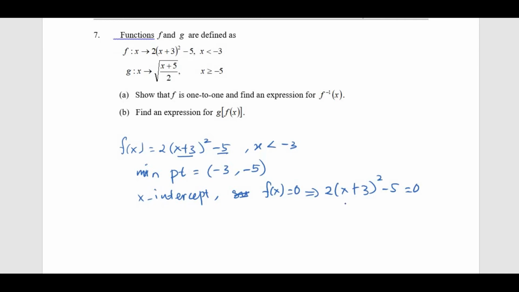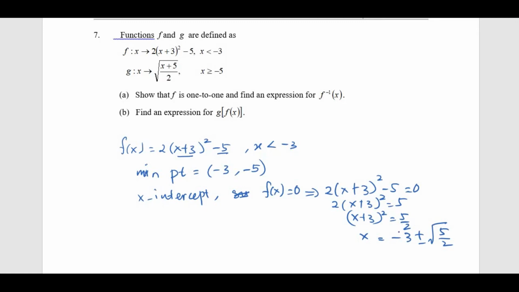So you will get 2(x plus 3) squared is equal to 5, (x plus 3) squared is equal to 5 over 2. So finally you get x is equal to negative 3 plus or minus the square root of 5 over 2.